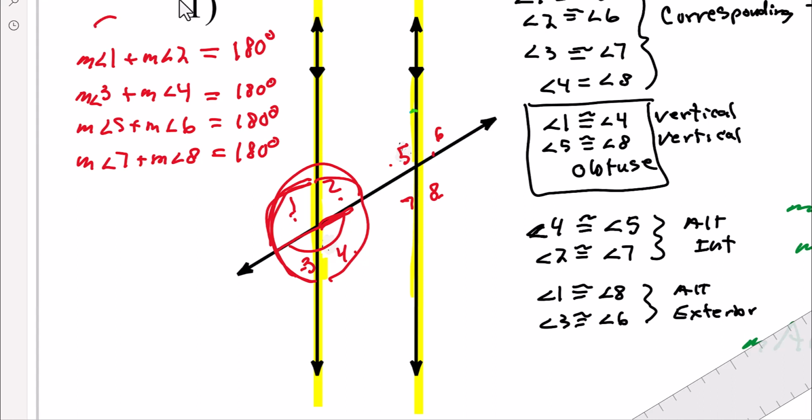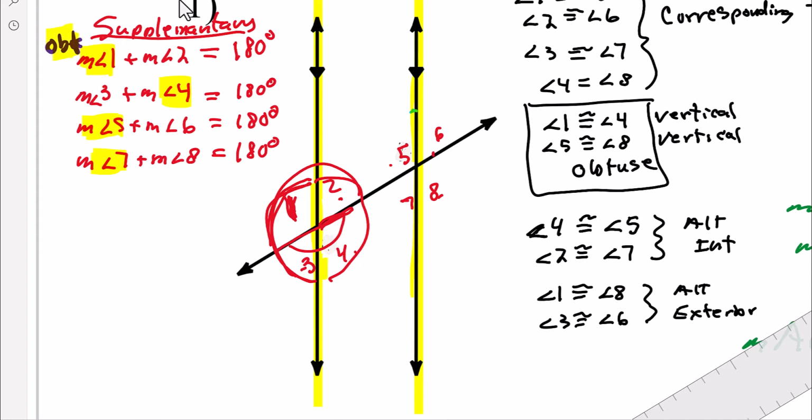These are called supplementary angles, two angles that add up. And look at the 1, the 5, the 4, and the 7. Those are all the obtuse angles.